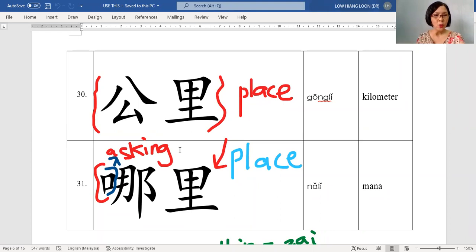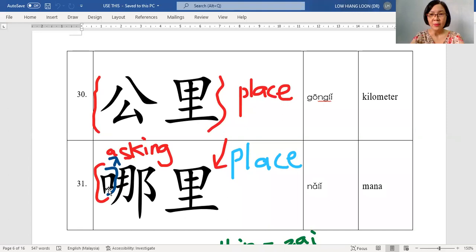Okay, how? So 31, you see the mouth again. So you know that actually this is asking. Either you want to say asking or eating. With the mouth, it can be asking, can be eating, can be drinking, can be speaking. There are a few meanings. But here, which one will you say? Do you think it's eating, drinking?